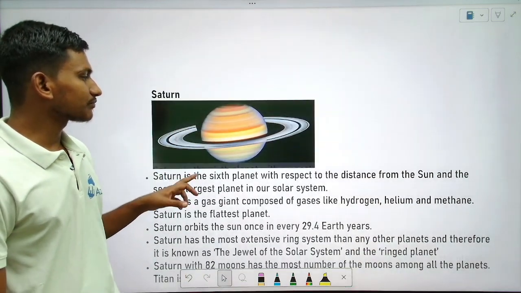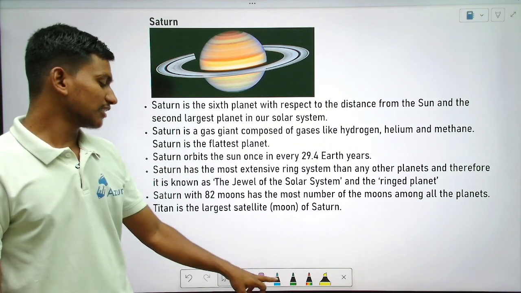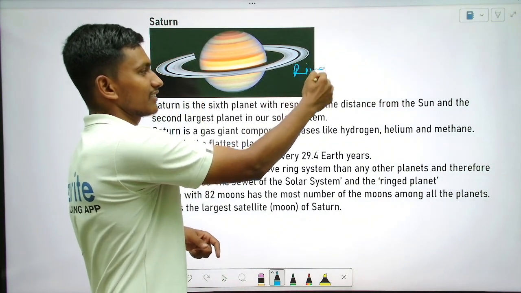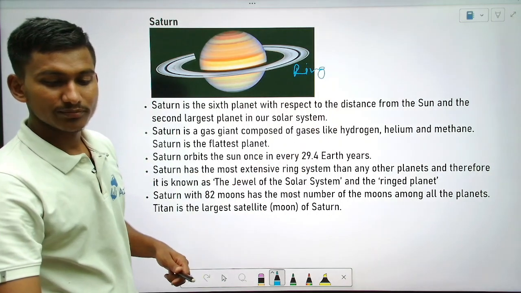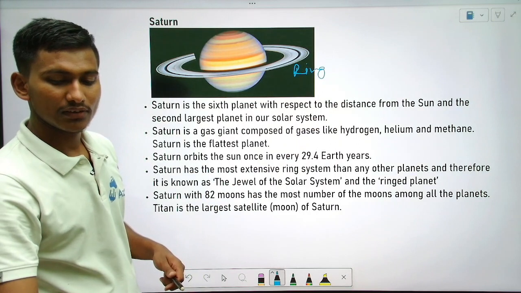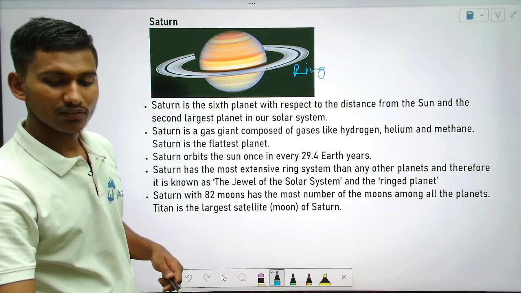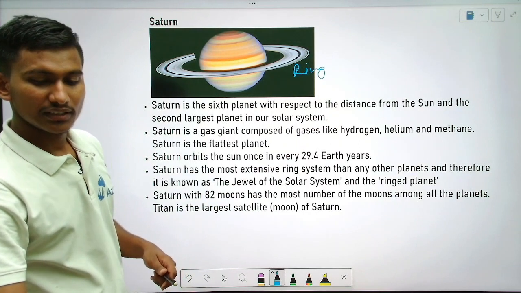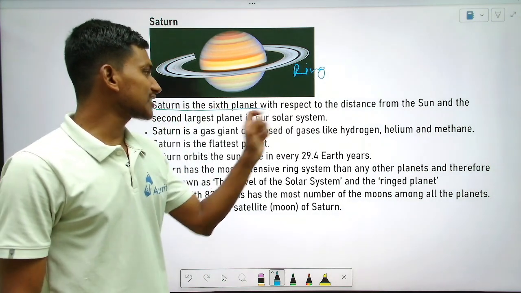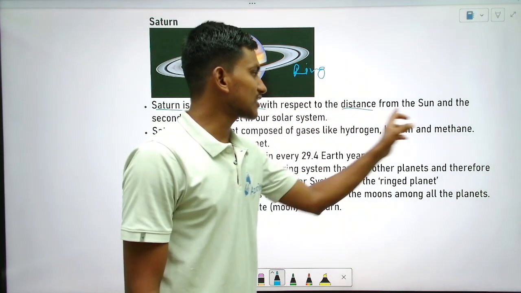That is Saturn. What is the best feature of Saturn? That is the ring, if you see, right? Saturn is the sixth planet with respect to distance from the sun.